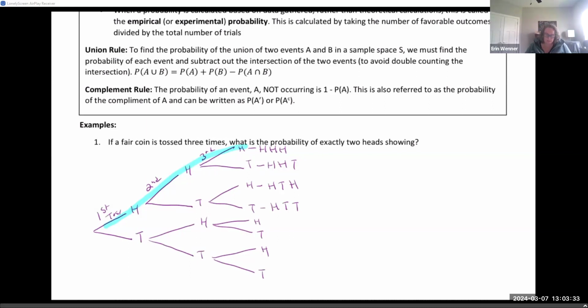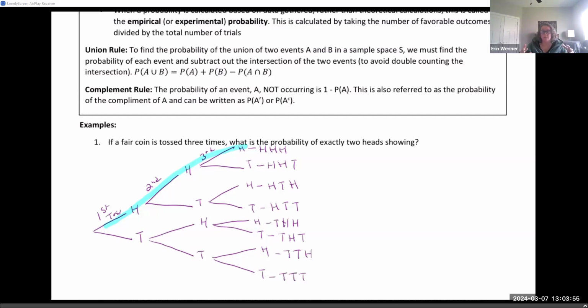After that, we move down to the next part, which says we can have a tail, then 2 heads. Then we're looking at a tail, then a head, then a tail. Then we have 2 tails and a head. And finally, our last outcome is 3 tails.